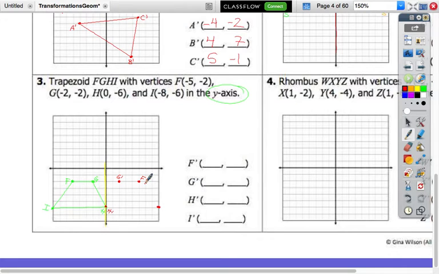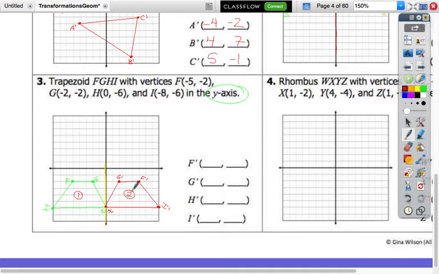This is F prime, and this is I prime. And I connect my dots. And I have a pre-image that looks like this, and an image that is reflected across the y-axis.